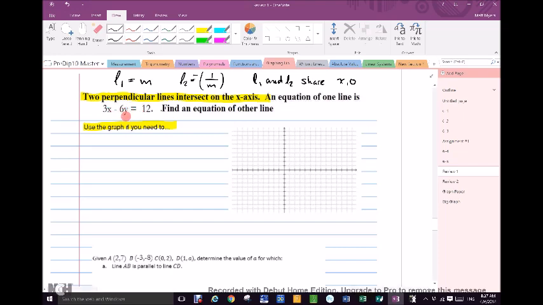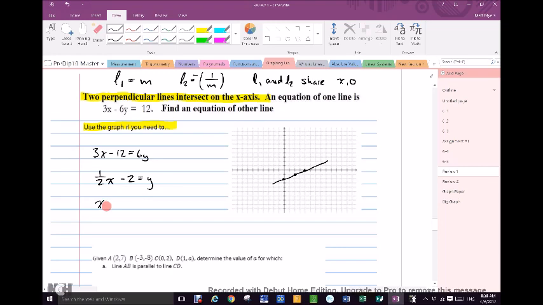So slope-intercept: 3x minus 12 equals 6y, so 1/2 x minus 2 equals y. Yeah, that's what I got. So I go to minus 2, and I go up 1 over 2. Up 1 over 2. And I can see that the x-intercept is 4.